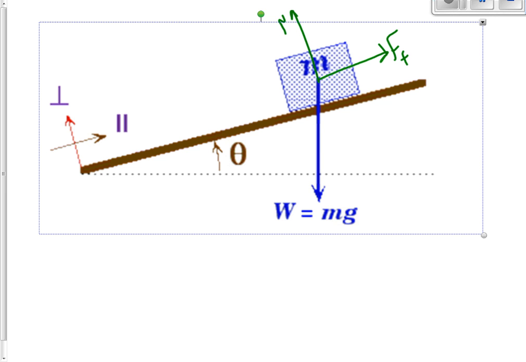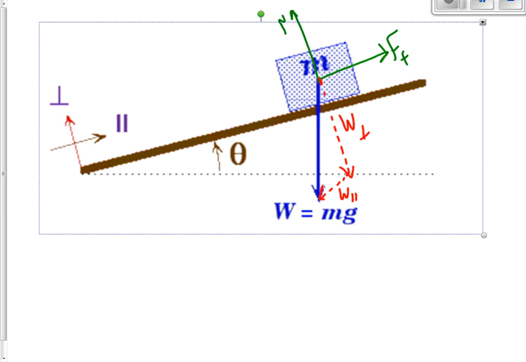When I resolve my weight vector, and you do need to practice this a little bit because it doesn't come really naturally, if I just look at my normal force, it's the perpendicular component of the weight that's going to counteract the normal force this time. So that's another example of when the normal force does not equal the weight; it equals the perpendicular component of the weight. And then here is the parallel component of the weight, and that's what's pulling it down the ramp.